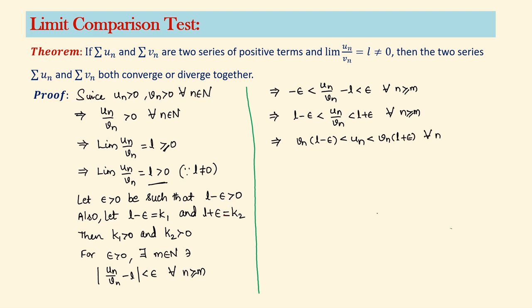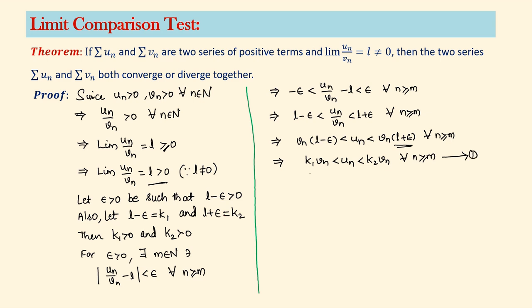This is true for all n greater than or equal to m. And we have already assumed that L minus epsilon is K1, which is positive, and L plus epsilon is K2, which is also a positive real number. So this can be written as K1 times Vn less than Un less than K2 times Vn for all n greater than or equal to m. Let us call this 1.